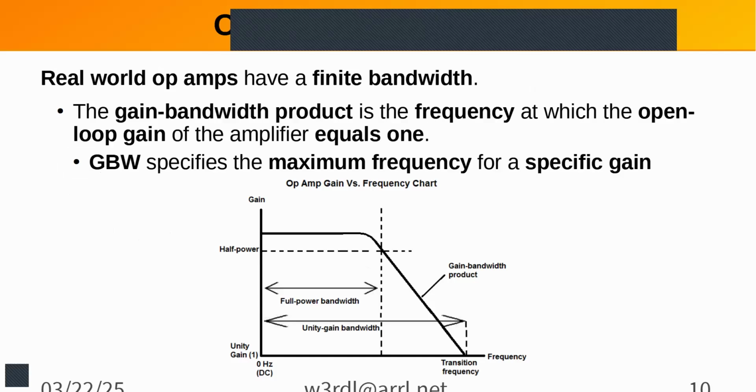Most amplifiers have a gain bandwidth product, which means if you multiply the gain of the amplifier times the maximum frequency it can operate at, the 3 dB down point, that's its gain bandwidth product. So if you try to get higher gain, you have less frequency range, or if you try to get a higher frequency, you have to reduce the gain because you can't exceed the gain bandwidth product.